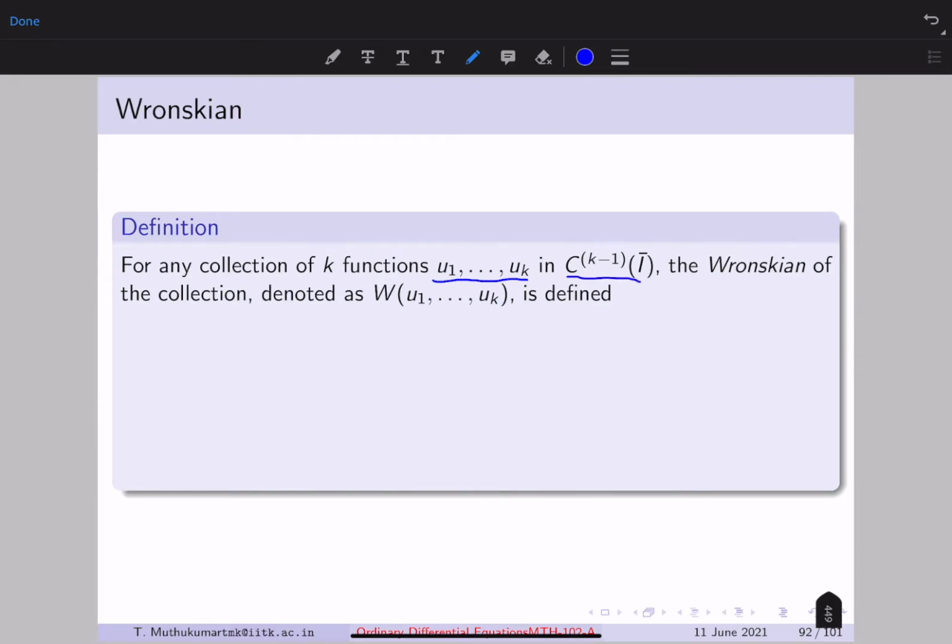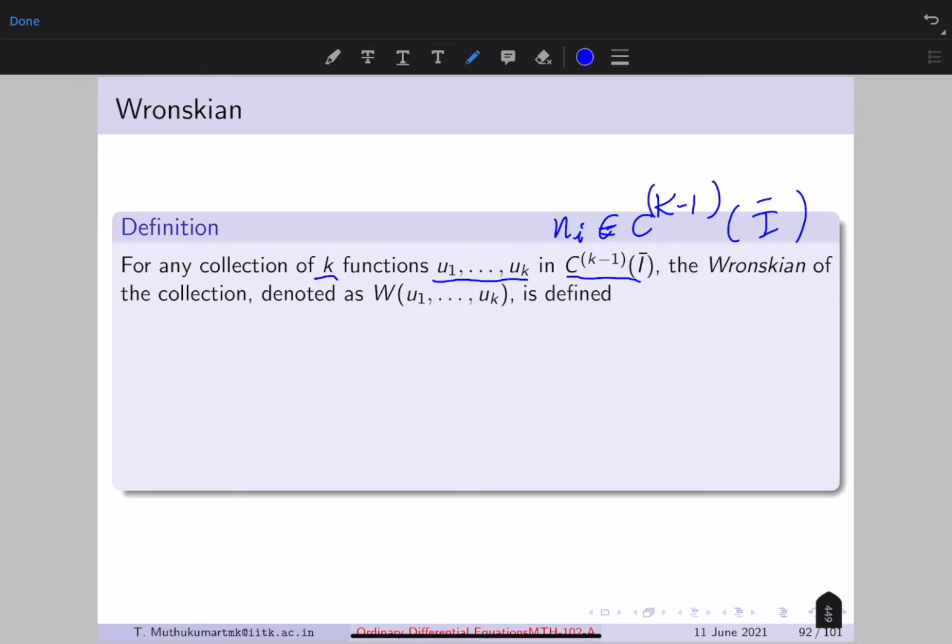So you have k functions, and each ui is k minus 1 times differentiable in its domain, let's call the domain I closure.